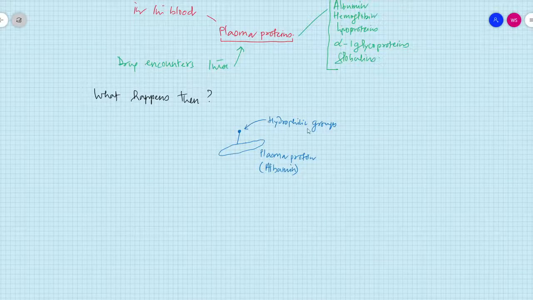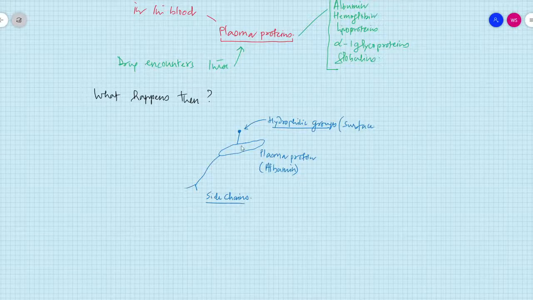Hydrophilic groups on the surface, and jutting from the plasma protein would be side chains. So there are hydrophilic groups and there are side chains in the plasma protein molecule.